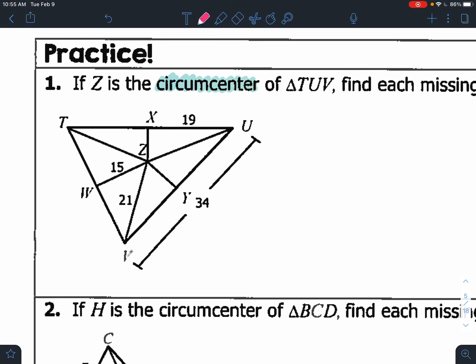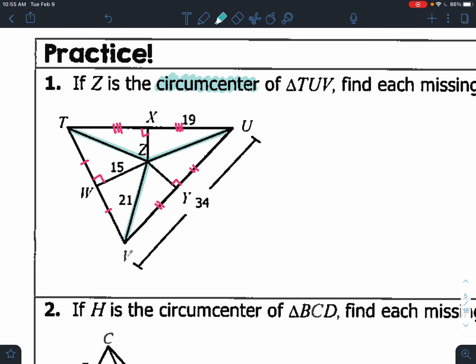So when I see this word, it is important that I recognize that it is the perpendicular bisectors. So these pieces are perpendicular and they are splitting our sides in half. And if it is formed from the sides, it is equidistant to the angles. So all of these green pieces are congruent to each other.